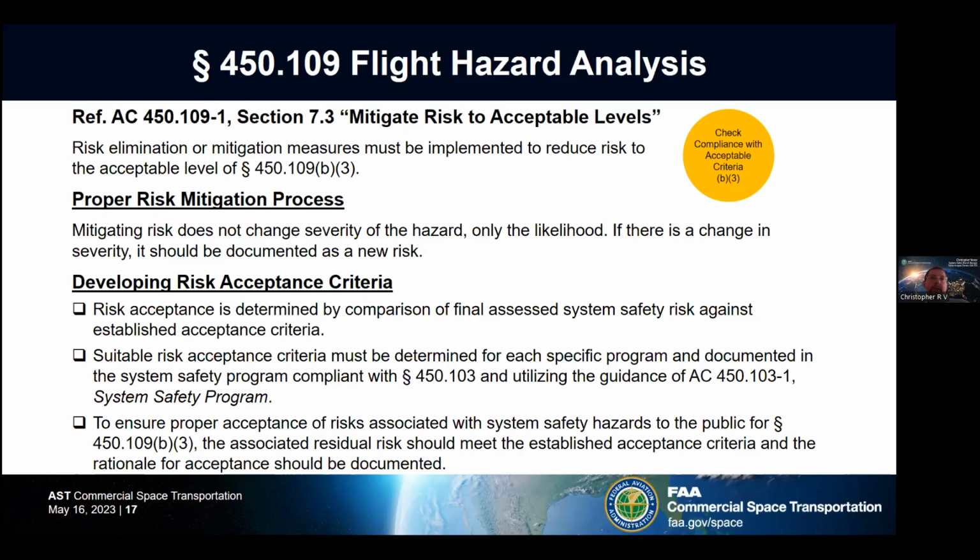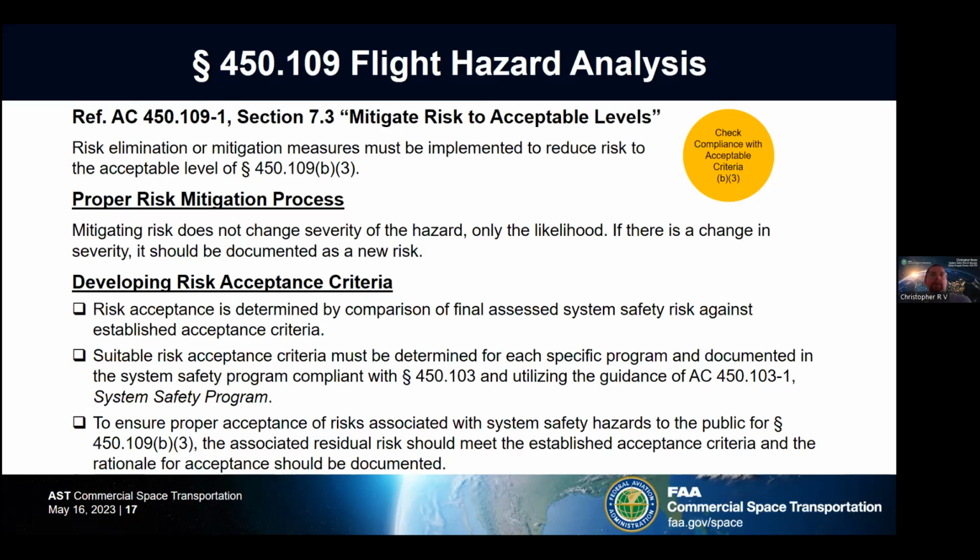The applicant should develop a risk acceptance criteria. Risk acceptance is determined by comparison of final assessed system safety risk against established acceptance criteria. Suitable risk acceptance criteria must be determined for each specific program and documented in the system safety program, compliant with 103, and additionally utilizing the guidance of the AC.